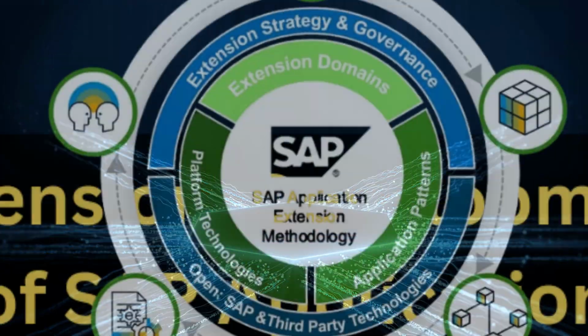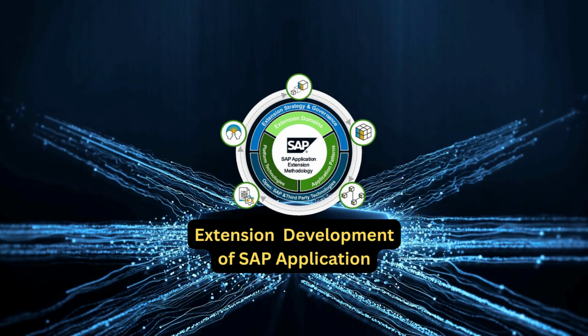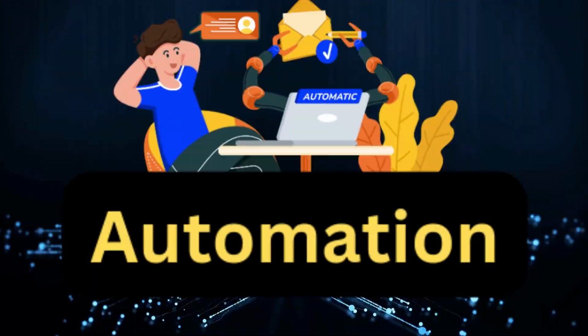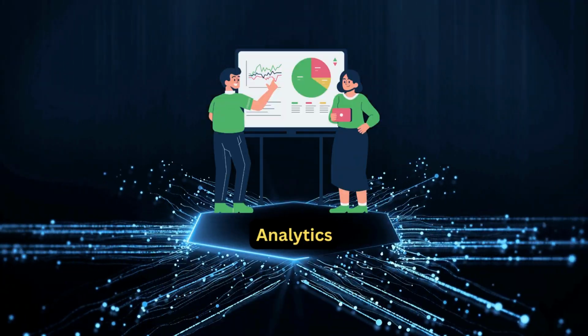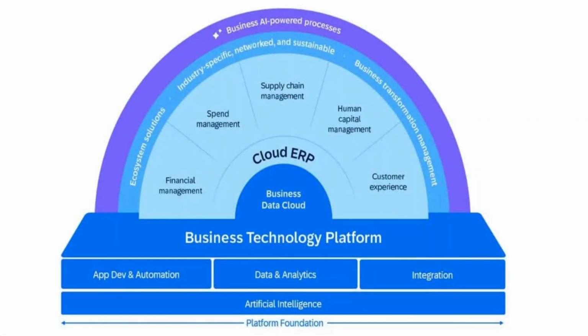You can use them for extension development for your existing SAP applications. You can use them for integrations, for automations, for data management, for analytics. So many functionality areas we have on BTP. Everyone will have their own perspective, but if you look at the scope and functionality area, it's huge.